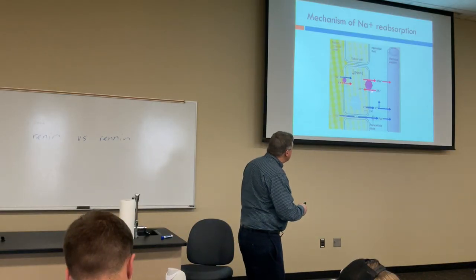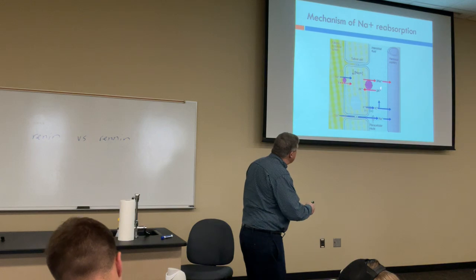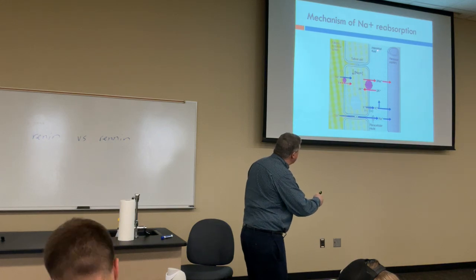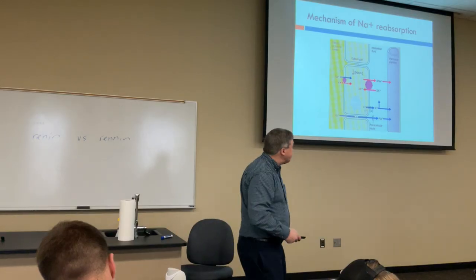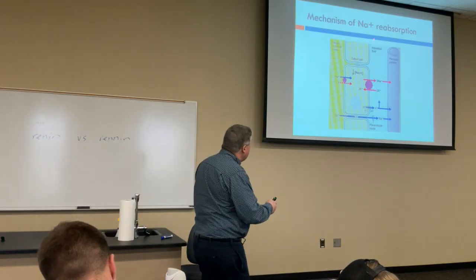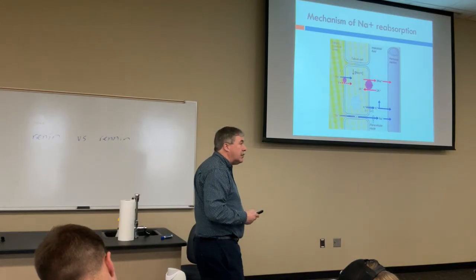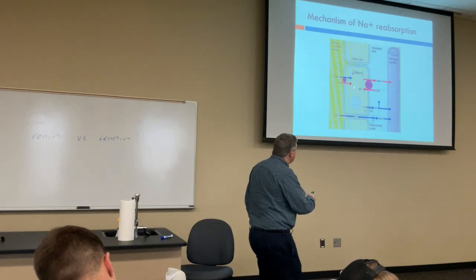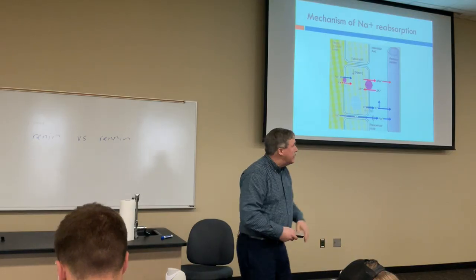Okay. So what this does is it increases the osmolarity of this interstitial fluid. And that's important. It also decreases the concentration of sodium inside the cells that make up the walls of the proximal convoluted tubule.